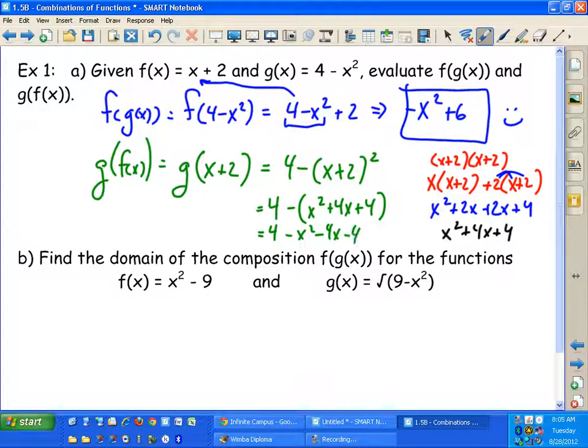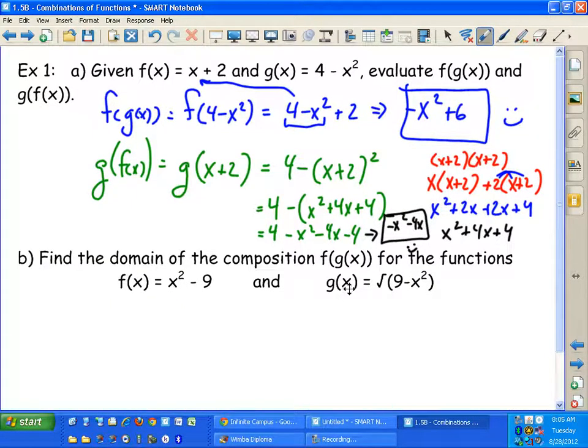So when this is all said and done, I will subtract the 4's from each other, and my final answer for this problem will be negative x squared minus 4x, which is a little bit different than the problem before when we did f of g of x to g of f of x.